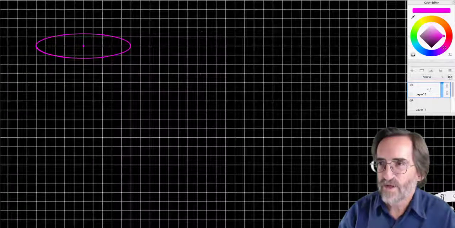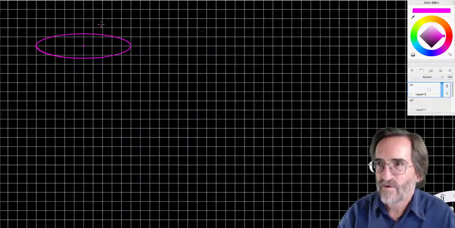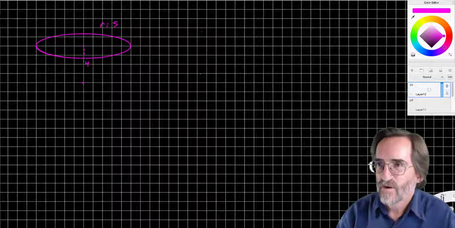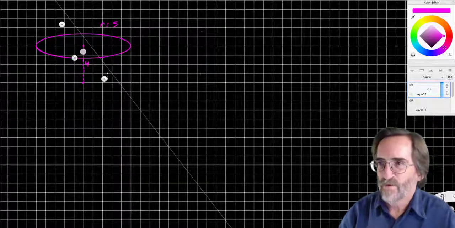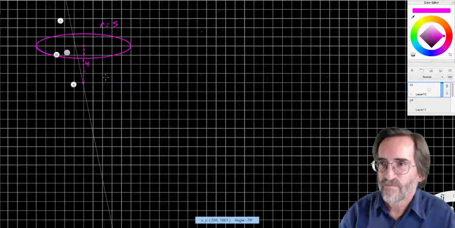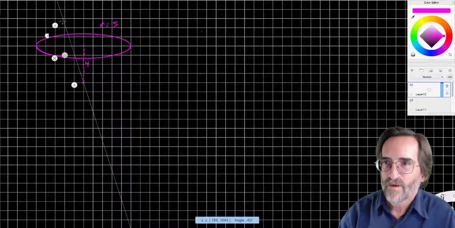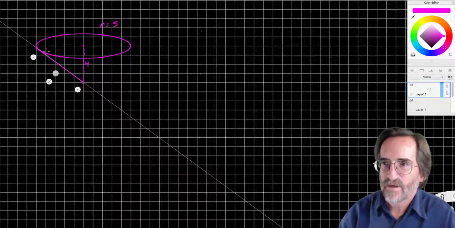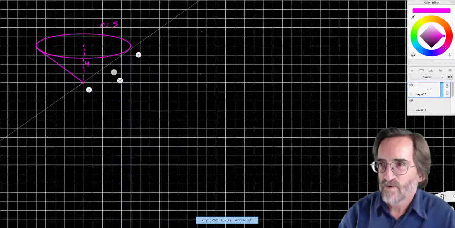It has a radius of 5, and it's going to have a height of 4. And we're going to draw the slant height, which we will call L.